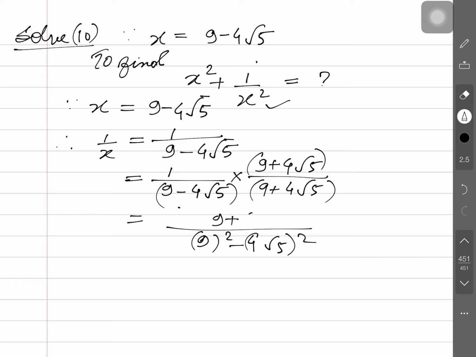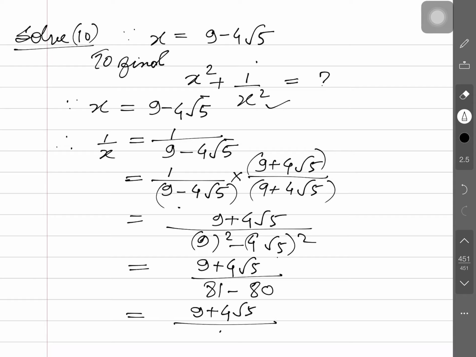Simply every step is this. Now, next, 9 plus 4 root 5, 9 square is 81 minus 80. 4 fours are 16 and root 5 root 5, 16 fives are 80. So, what will this be? 9 plus 4 root 5 divided by 1. This also can be written as 9 plus 4 root 5.